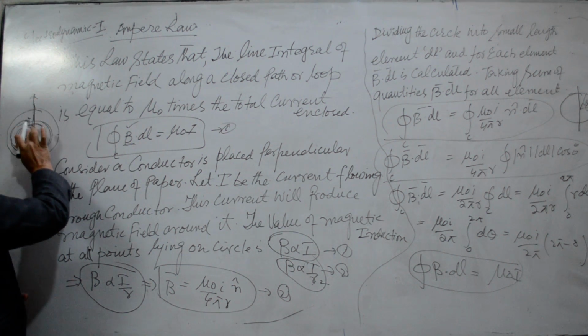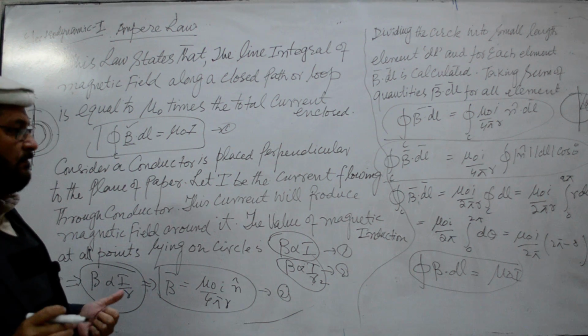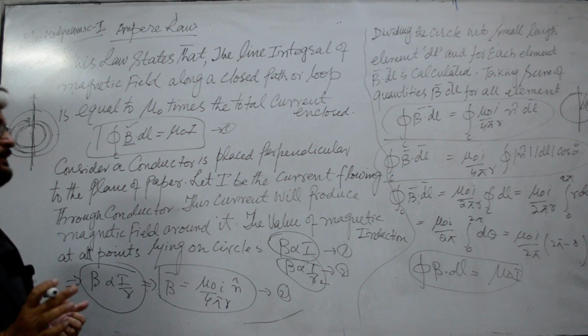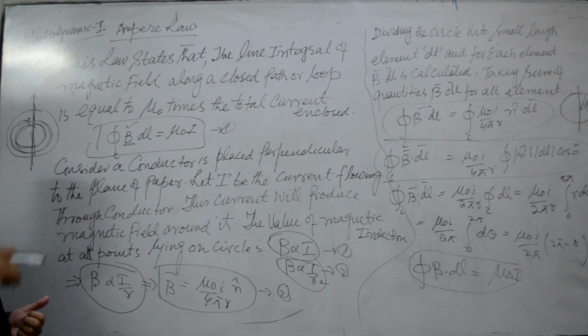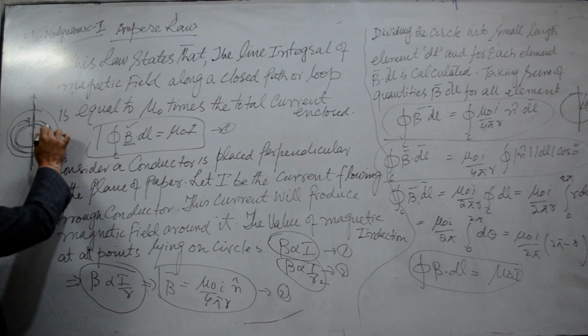Now, how can we find the value of the line integral of a magnetic field around a closed loop or along a closed path? We divide this path into smaller segments.